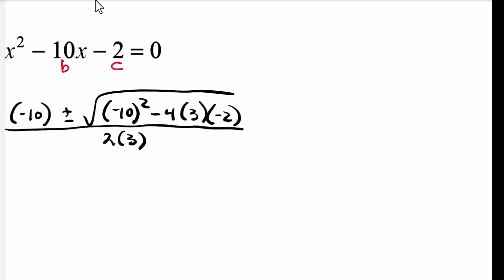All right, so let's simplify under here. Well, negative 10 squared, that's 100. Subtract a negative, that's add. 4 times 3 is 12, times 2 is 24. So that's square root of 124.